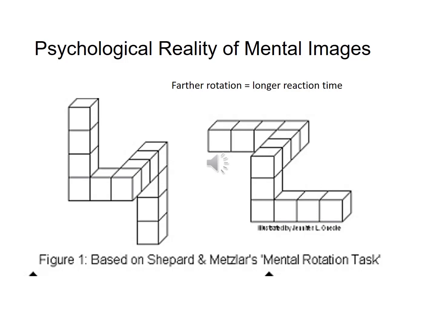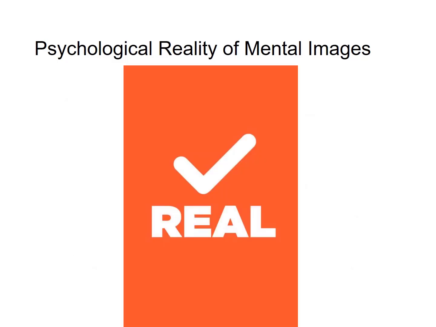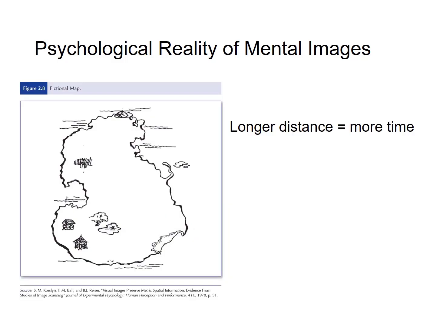So people were slower when they had to rotate the second object farther in their mind's eye. These studies showed for the first time that there is a psychological reality to mental images and that they can be measured.